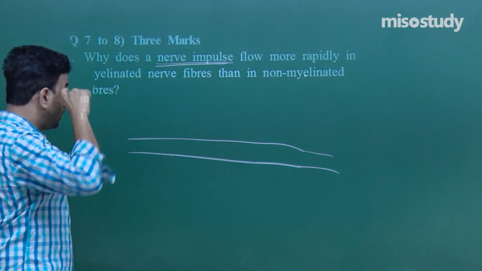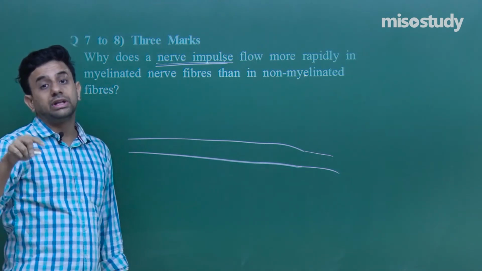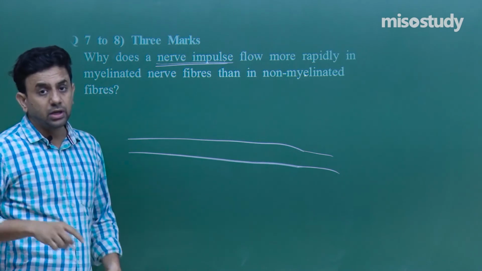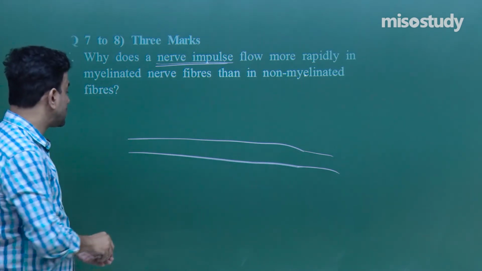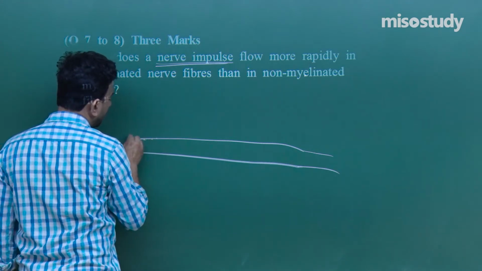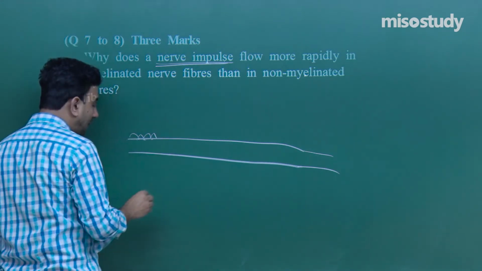The nerve impulse flows by the generation of action potential. So say the action potential is generated here, here, here. So the nerve impulse comes here, here, here.